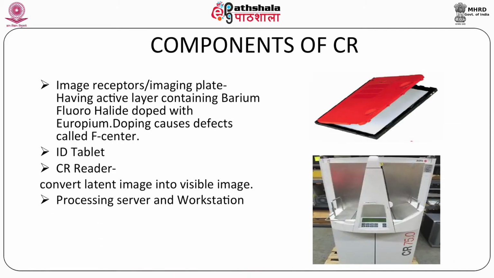The imaging plate acts as an image receptor, also known as photostimulable phosphor screen. This PSP plate is housed in a cassette having an active layer containing barium fluorohalide doped with divalent europium. Mind it, this doping causes defects in the crystal called F centers.